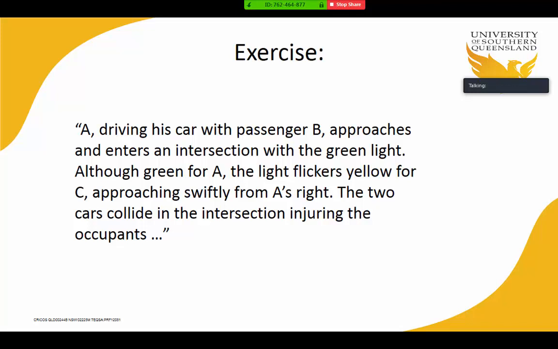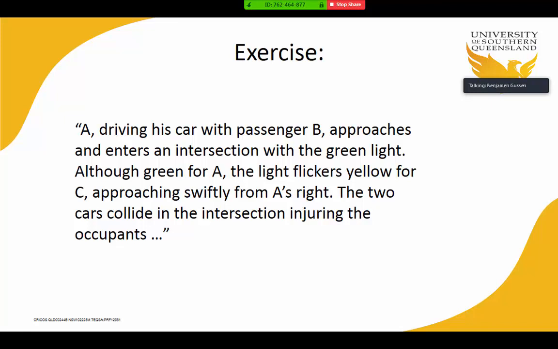So we say A. So when I say A, it could be any person, right? Bob or John or whomever. A driving his car with passenger B. So A is driving his car with passenger B. Approaches and enters an intersection with the green light.